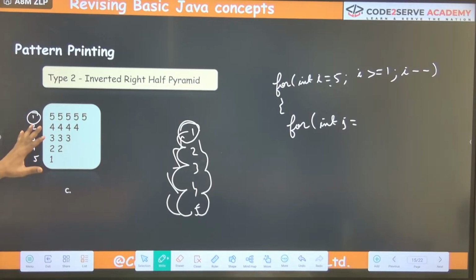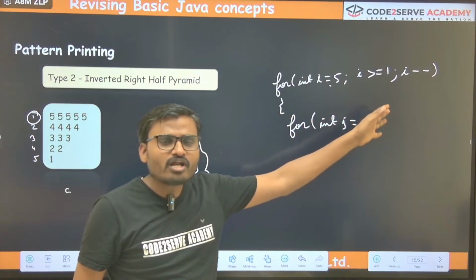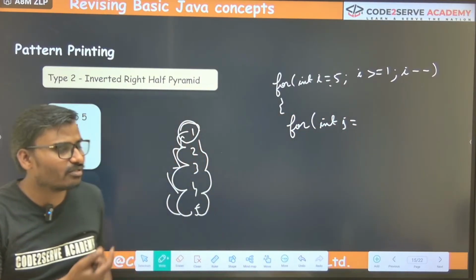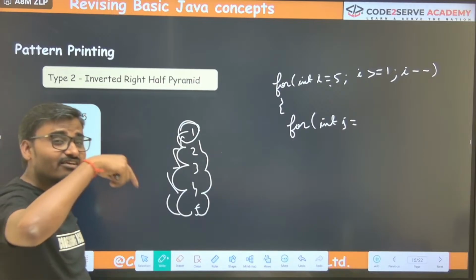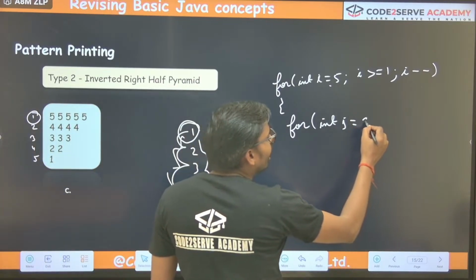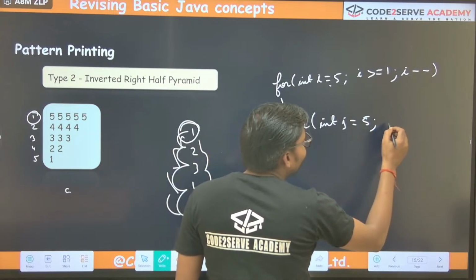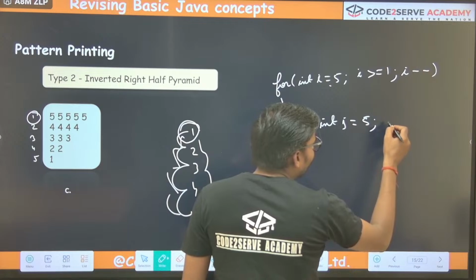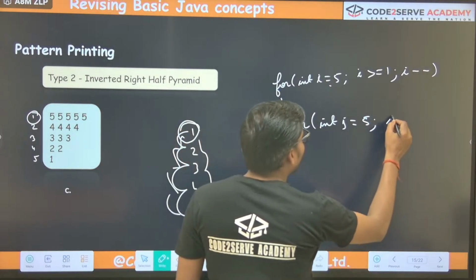You have to print 5 columns. So either you start from 1 or you start from 5. That doesn't matter for this question. Here 555 is there. So we'll take the reverse order only. So we'll start from 5 and we will go until this i.